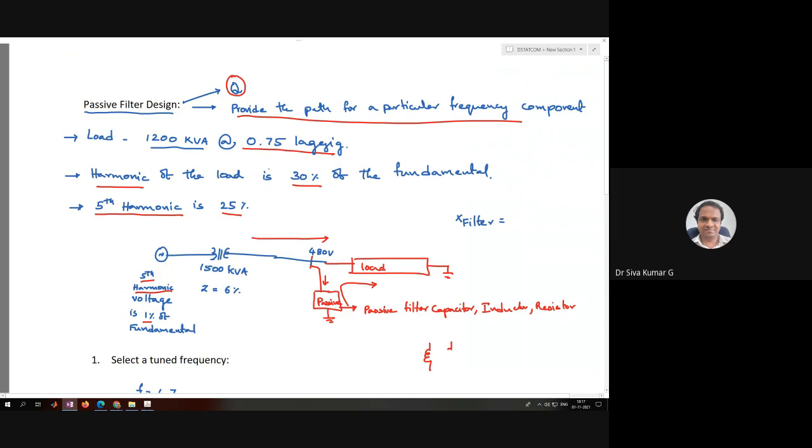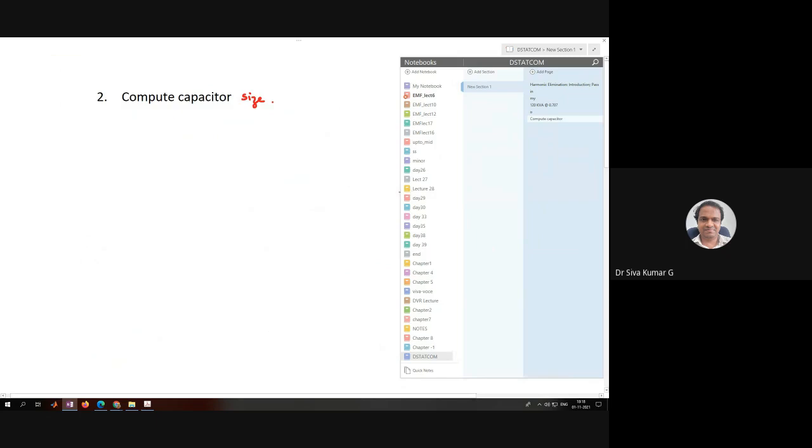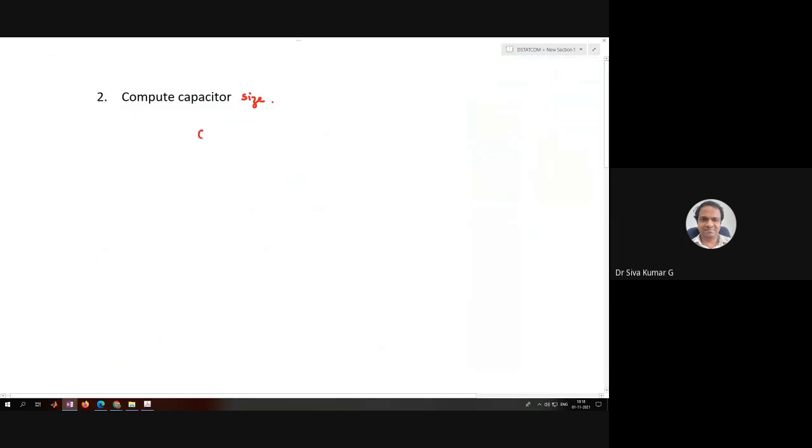The power factor to be improved is the source power factor, which is what is expected in this particular problem. We are going to improve this to 0.96.